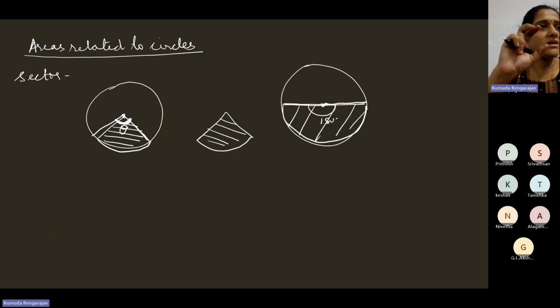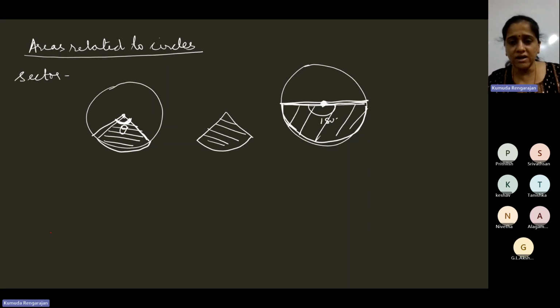Here, this is one radius, this is the other radius, and an arc. So a semicircle is a sector with sector angle 180 degrees.